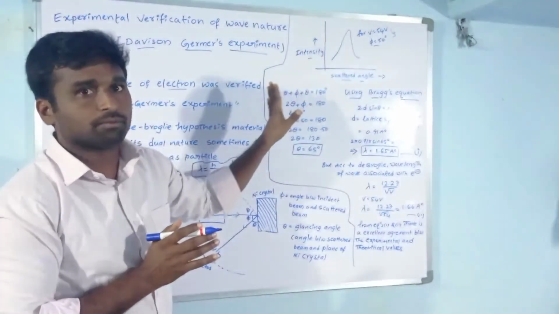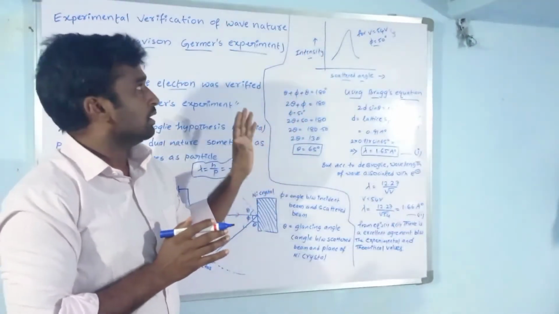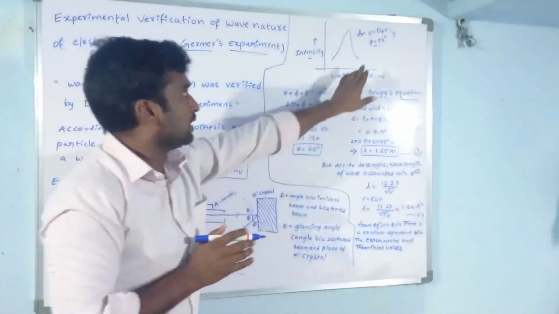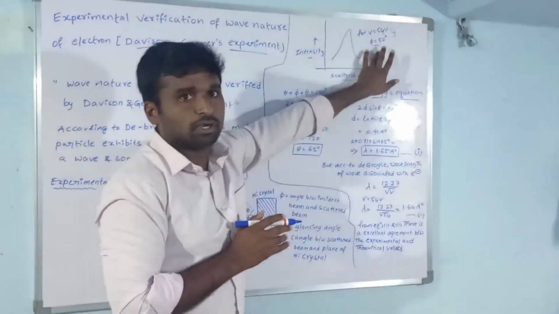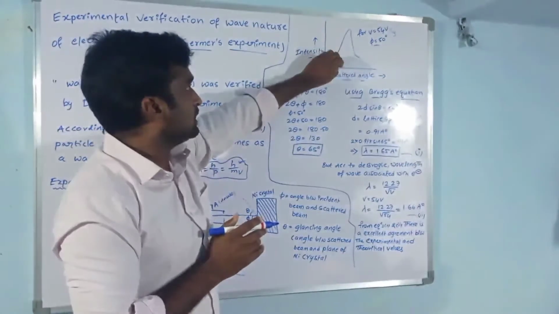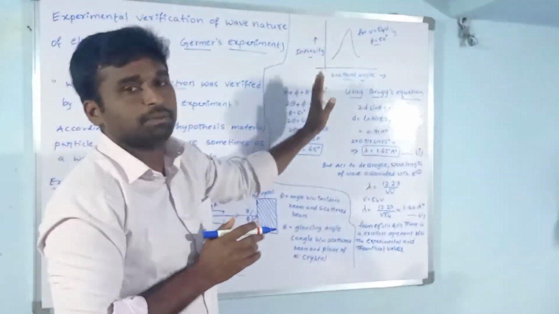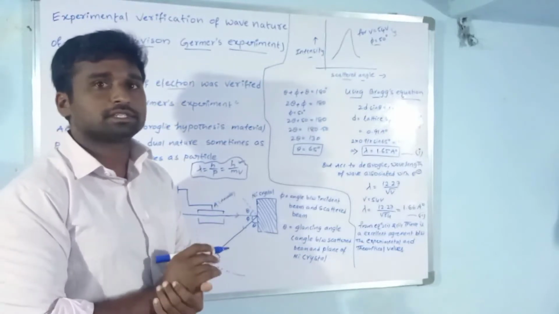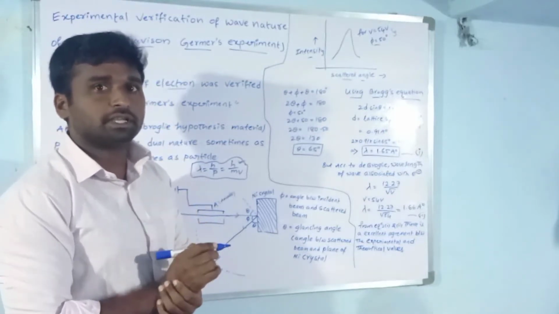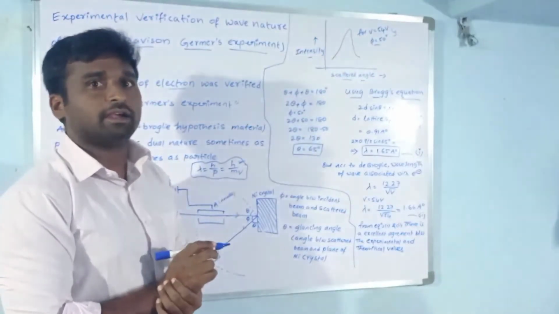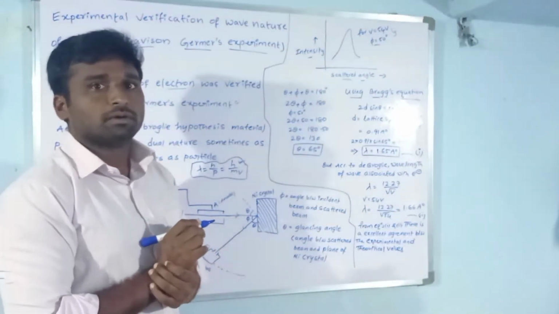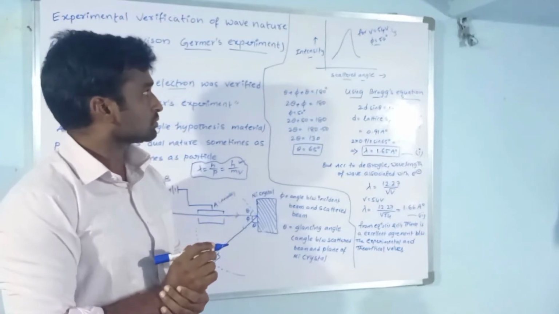So at voltage 54, scattered angle is 50 degrees. At these particular values only we will get this type of graph. So we will get maximum intensity of the scattered beam at 50 degrees scattered angle and 54 volts potential difference.